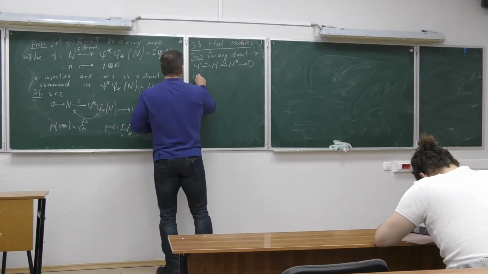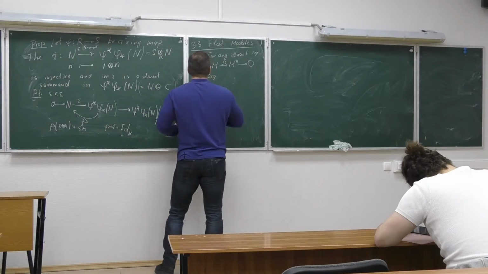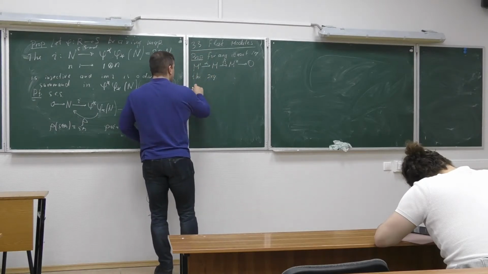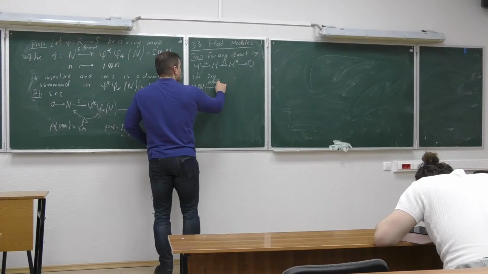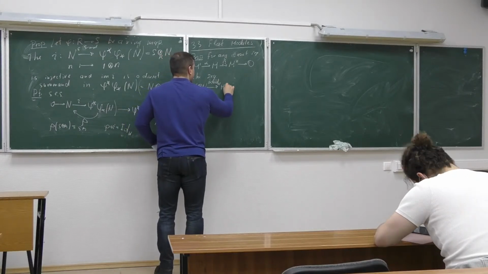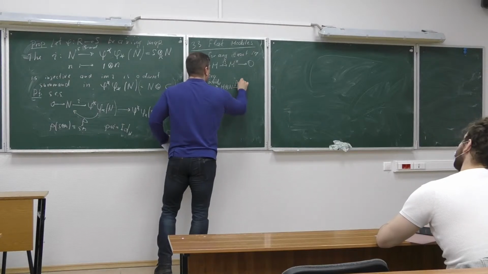When you take this sequence and multiply everything by N, so M prime tensor N, we have a map here which is alpha tensor product with the identity on N. The same for the second map.